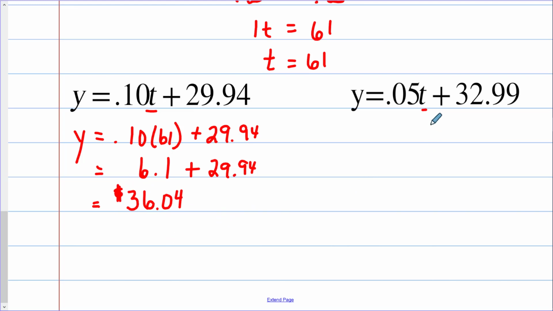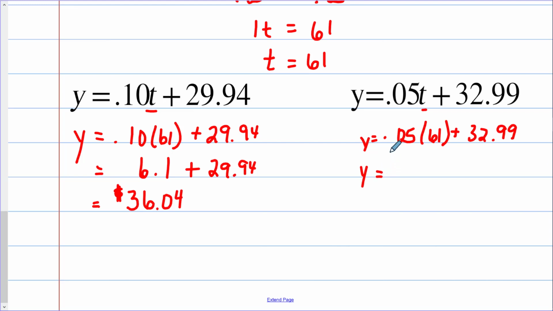So we have to make sure it works over here for this equation too, because that's the whole point of solving a system. We need to know what point is equal for both of them. So here would be 0.05 times 61 again, because we said 61 was the magic number, plus 32.99.